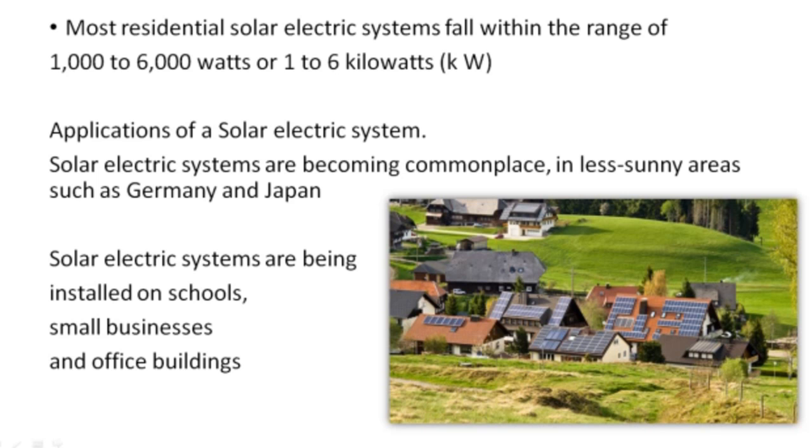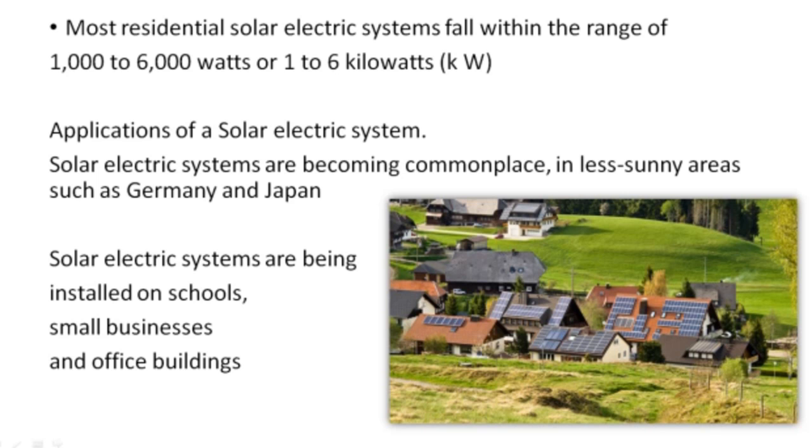Even skyscrapers like the Times Square building in New York City, the home of the Nasdaq, and many large corporations such as Microsoft, Toyota, and Google have installed large solar electric systems. Even some colleges and airports are installing PV systems. Solar electric systems are proving to be extremely useful on sailboats.